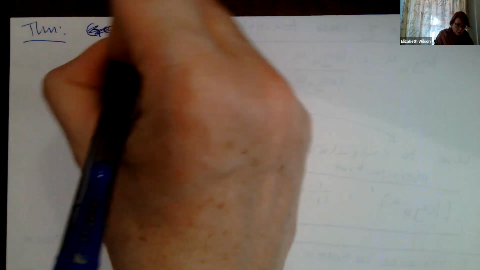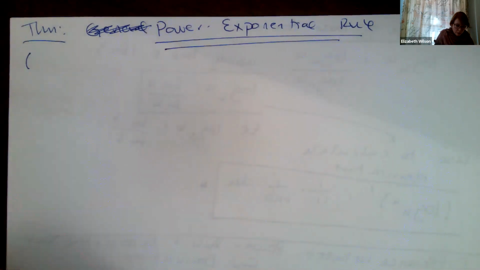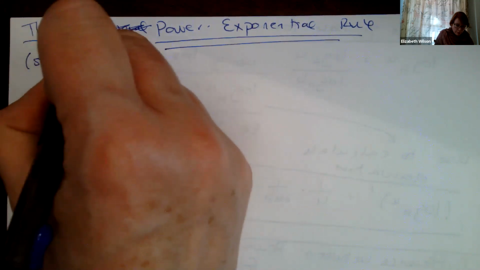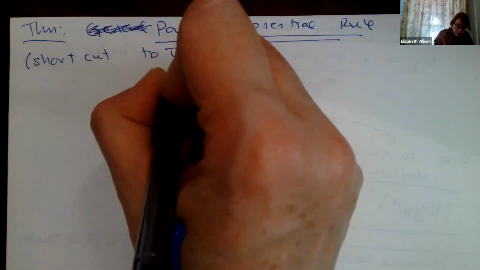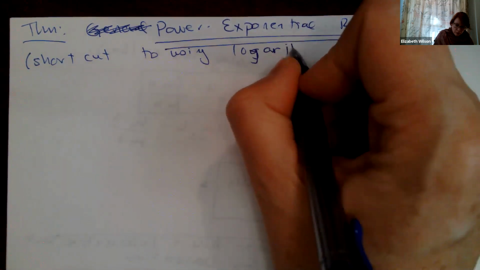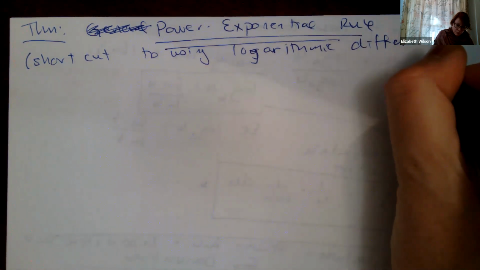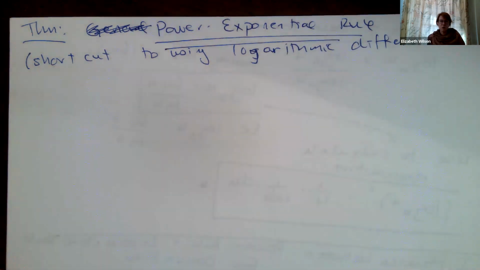This is called the power exponential rule, and I'm going to put in parentheses, this is our shortcut using logarithmic differentiation.